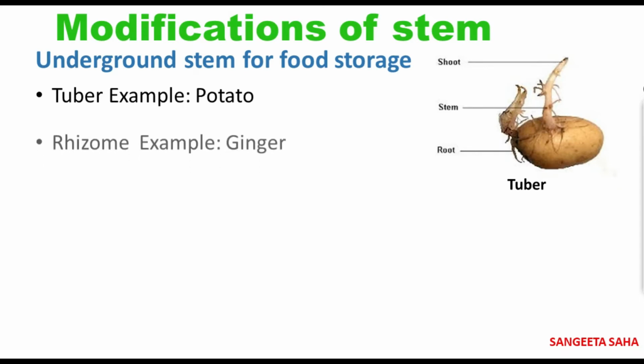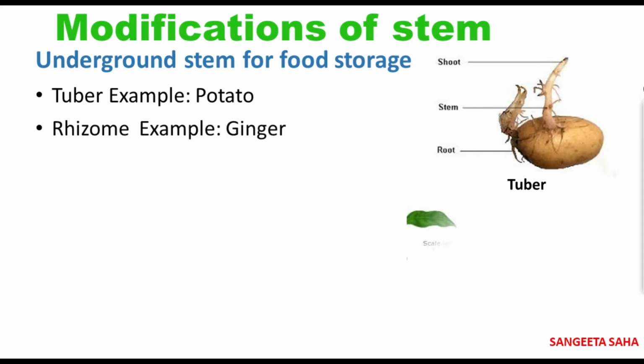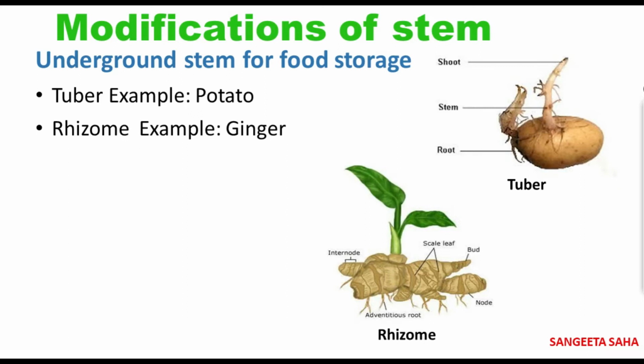Next is rhizome, and it is usually seen in ginger. It is a perennial fleshy underground stem, and it has nodes and internodes bearing adventitious roots on its lower side, as you can see in the diagram. Other than ginger, you can see this in turmeric as well.